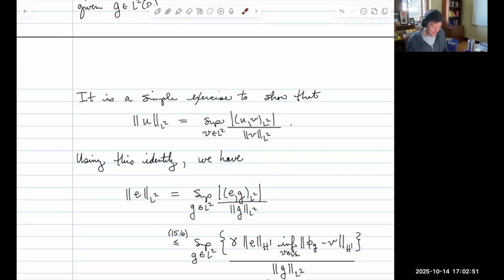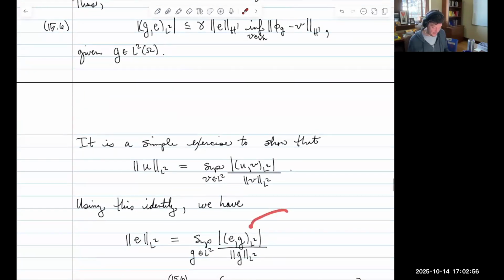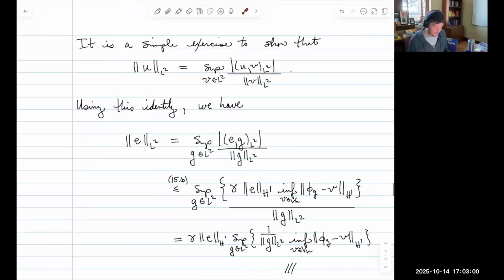Okay. But in any case, this 15.6, I'm going to insert now right in this location. That's going to give me something which is larger. I'm still taking supremum, but now over quotients which are larger than they were before. So the new quotient on taking the supremum is going to be all this jazz here.